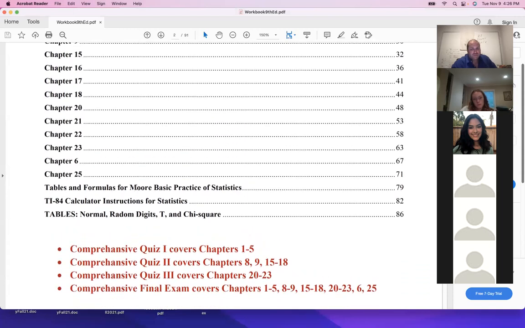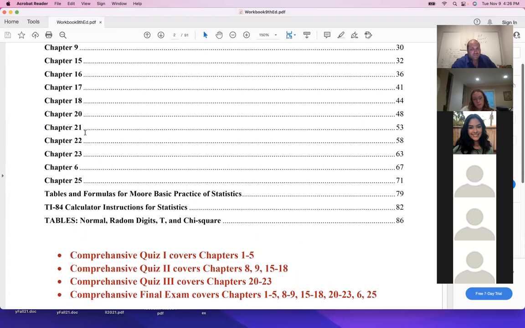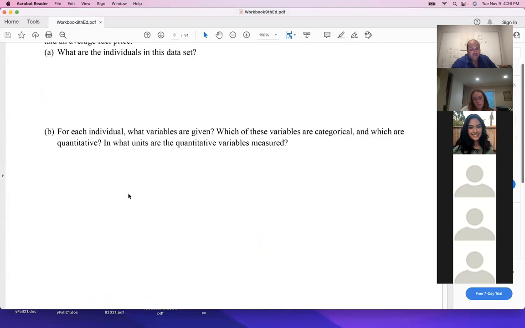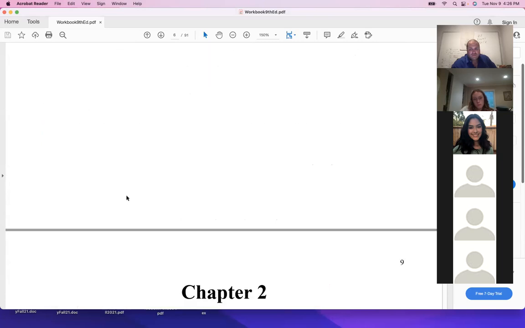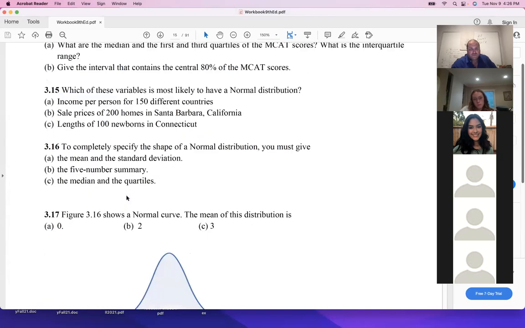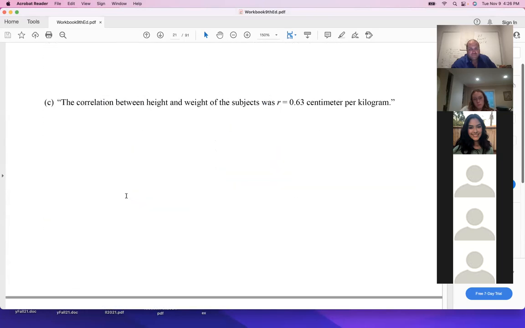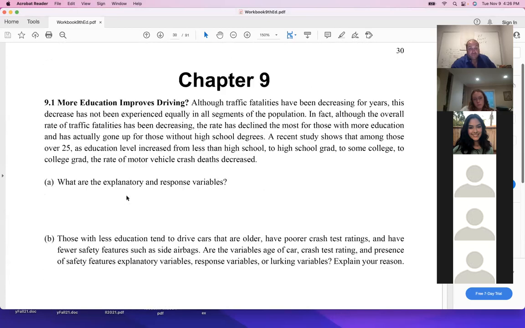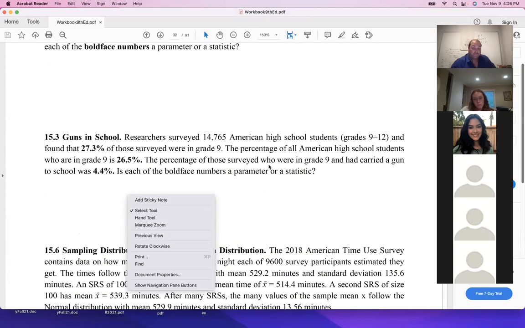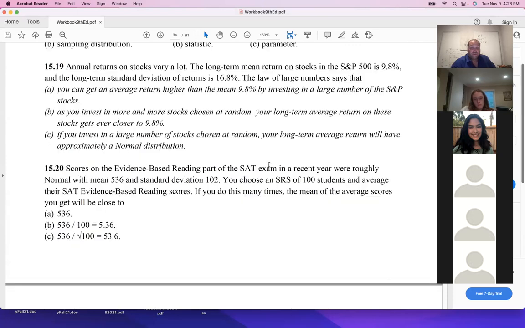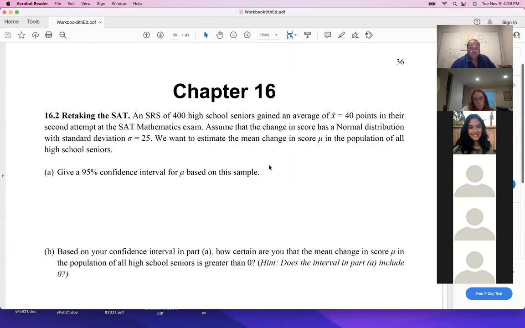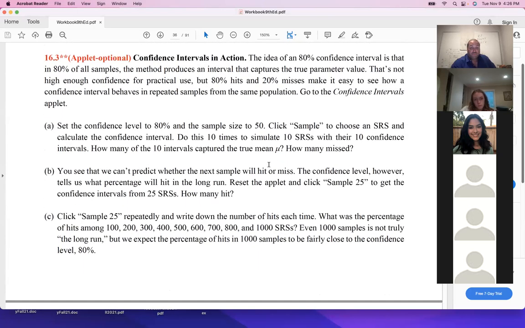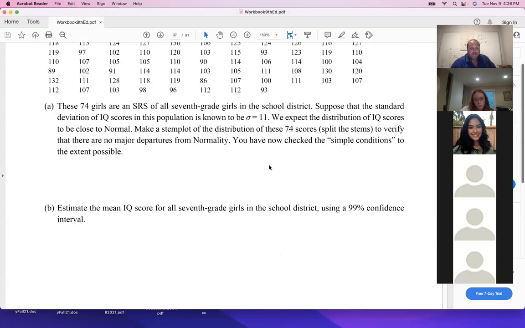Since we've covered up to 22, I'm going to pick random questions and try not to say, oh, it's in that chapter, so therefore we must use this chapter's approach. Try to just look at the question and decide based upon what you see what you think the answer is going to be.